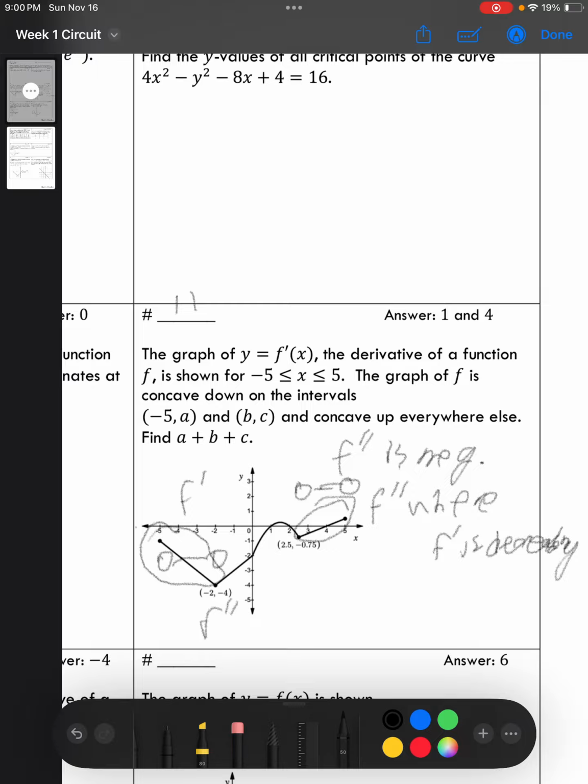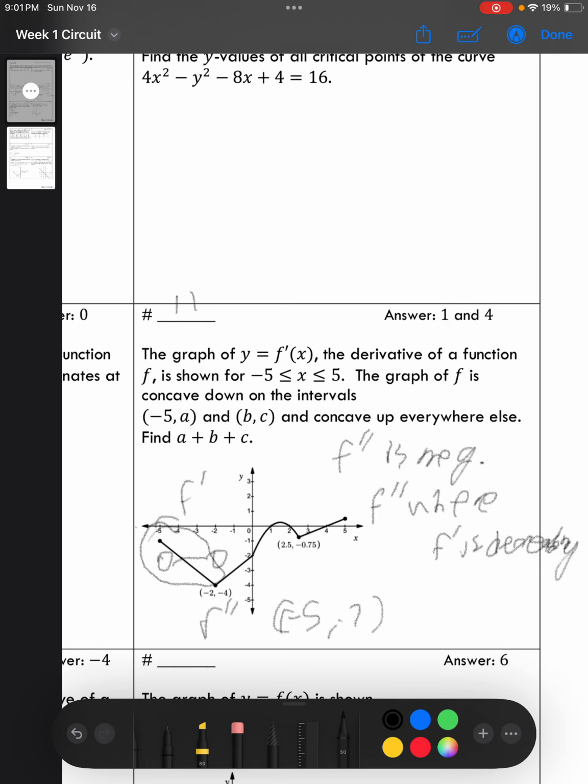But we're trying to look for concave down. Concave down is where f double prime is negative. So we need to find where f prime is actually decreasing. For example, this is a really good place because f prime is decreasing and f double prime is negative, meaning that f is concave down here on the interval -5, -2.